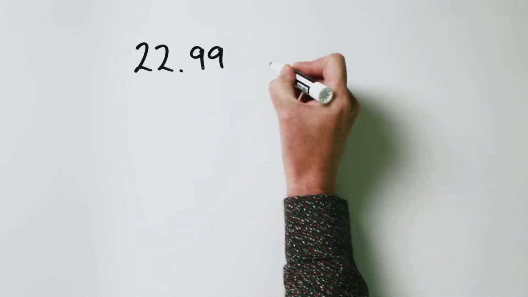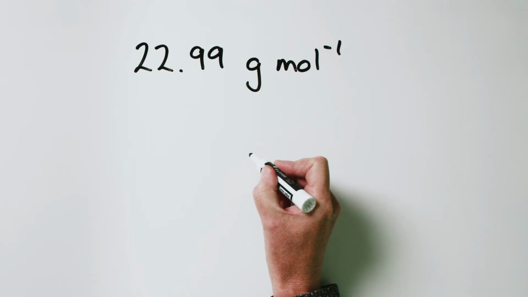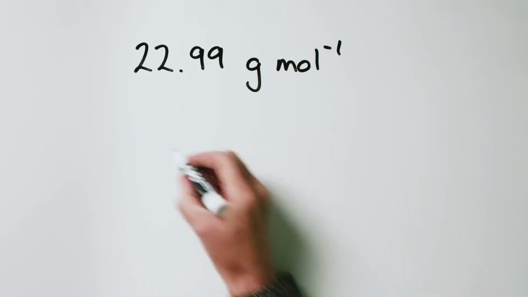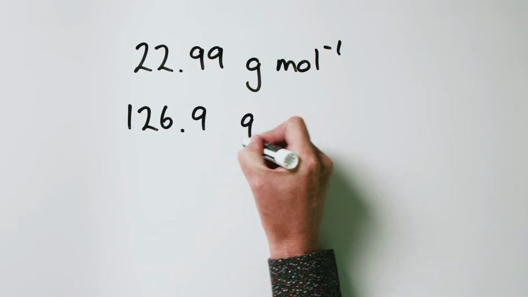So let's look at a little example to begin with, and let's, for example, calculate the molar mass of something as simple as sodium iodide. So we do that by going to our periodic table. We look up the molar mass of sodium, and we see that the molar mass of sodium is 22.99 units, remember, grams per mole, and the molar mass of iodine is 126.9 grams per mole.